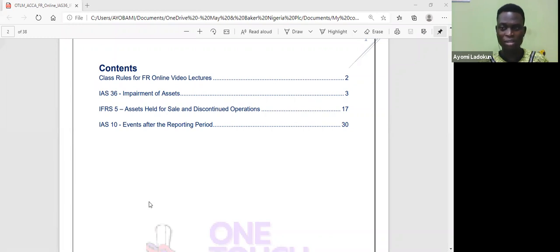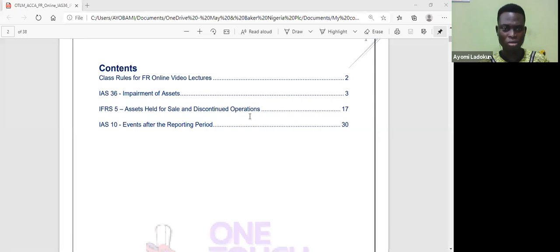We have IAS 36, impairment of assets, and we also take a look at IFRS 5. Probably if time permits, we take a look at IAS 10, but I think we should be able to cover the first 2 standards, so that by next week we should start group accounting.